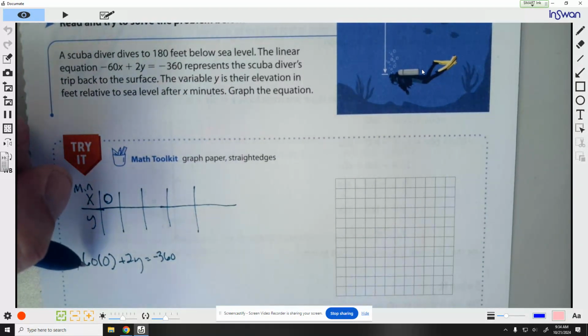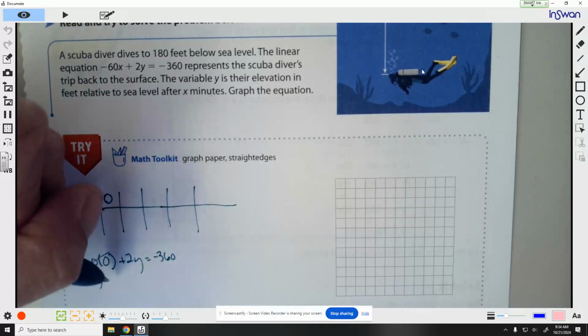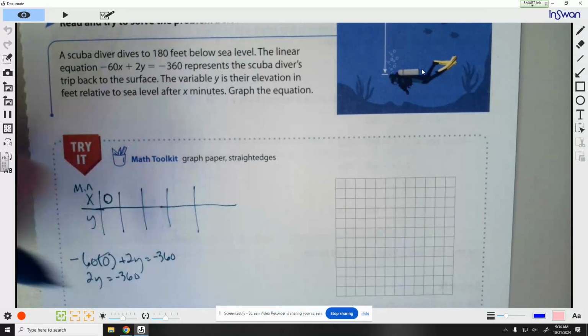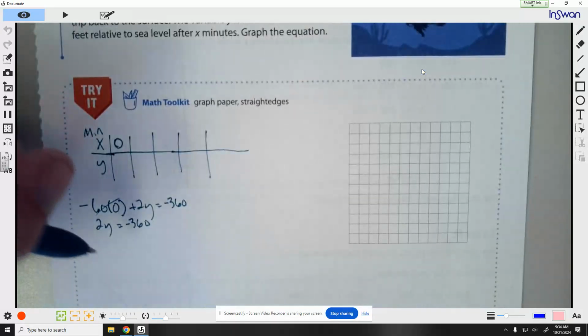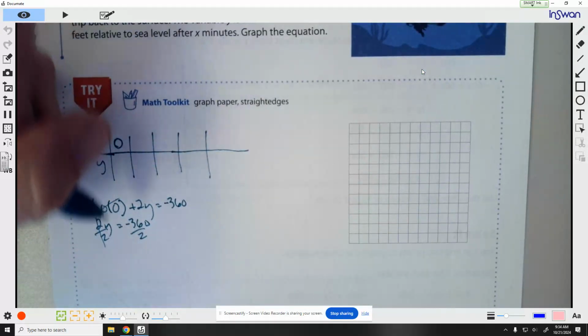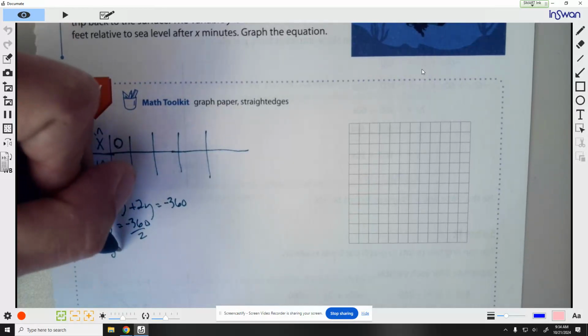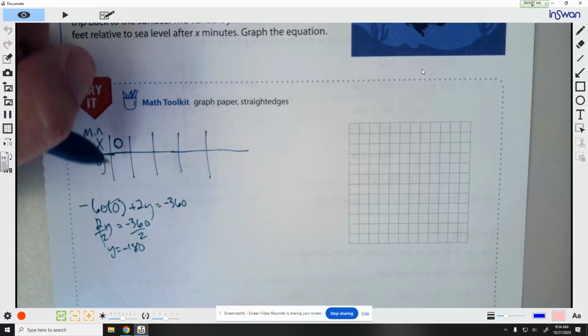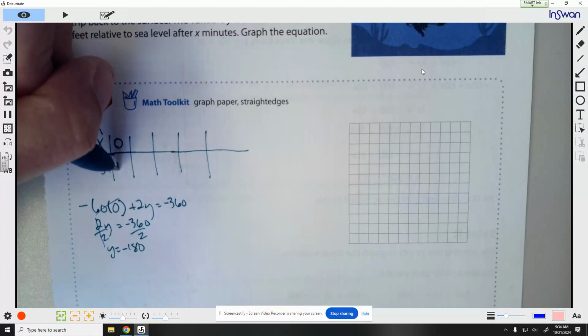Okay, so then if I work this out, negative 60 times 0 cancels out. You got 2y equals negative 360. If we divide that by 2, then y is going to be equal to negative 180. So when I plug in 0, I get negative 180.